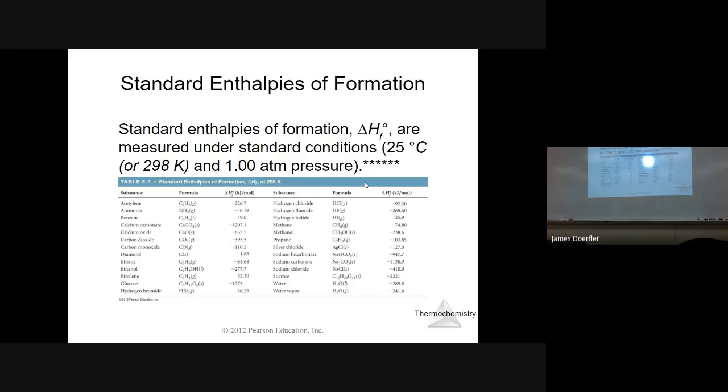And really what we say about standard conditions is 25 degrees Celsius, which is room temperature, or 298 Kelvin, and 1 atmospheric pressure. That's standard conditions, okay? Really all it's saying is these are measures that were determined during normal, everyday settings.